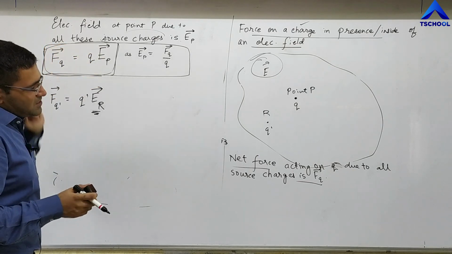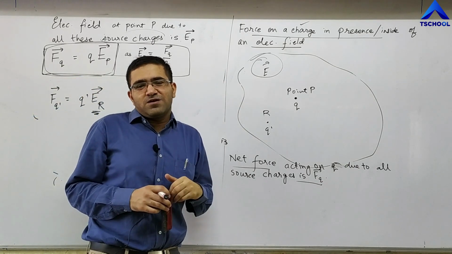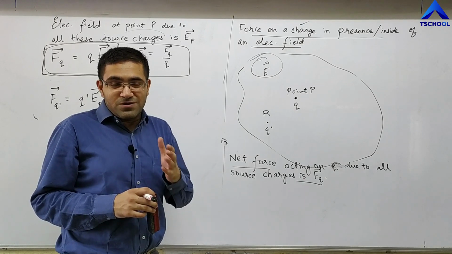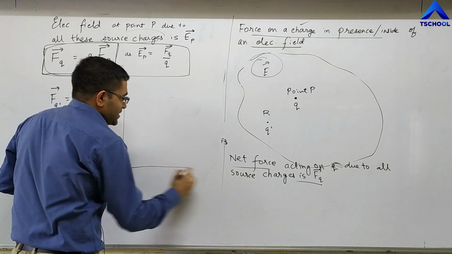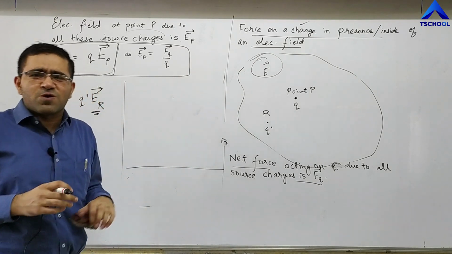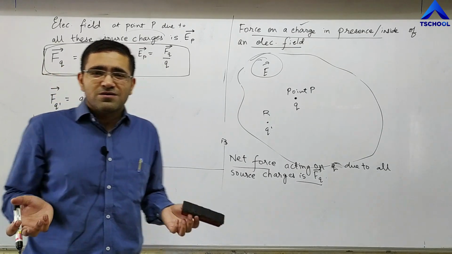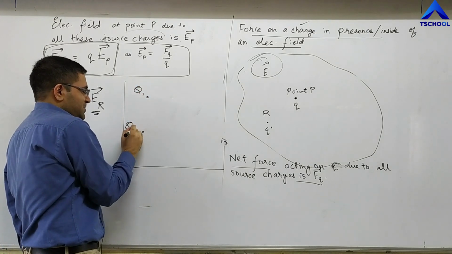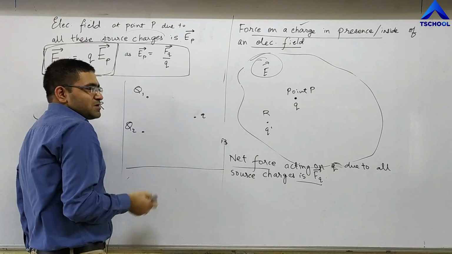You may start thinking, what's the need of using electric field to find the force? It's a very simple idea. Let's take an example. Could we not find the force directly? We have studied Coulomb's law. Why are you making us study one more thing? Let's say there are two charges that create the electric field.